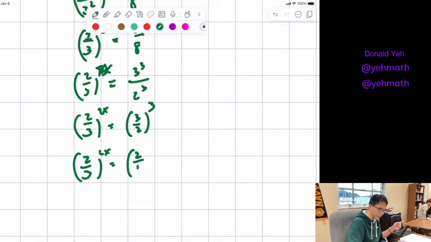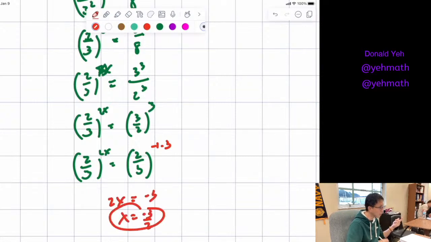I just flip this, and it becomes a -1 times 3, because if I flip a fraction, I get a negative exponent. So 2x equals -3, and x equals -3/2. A lot of people don't know how to adjust. You have to keep your old knowledge with you, and then adjust to the questions.